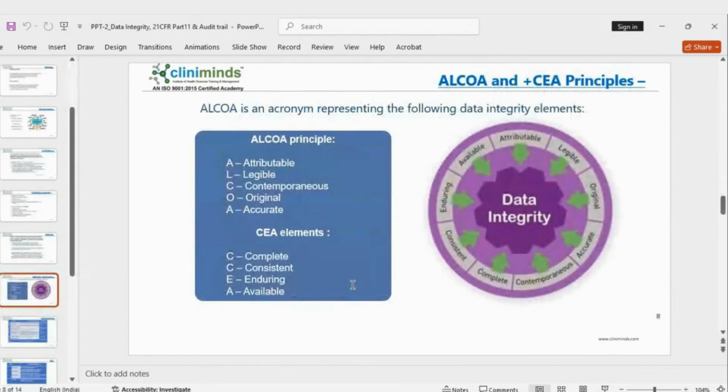Let's get going further into the principles that are used in data integrity. Now it is ALCOA and CEA, which are the principles that will be used for maintaining data integrity.